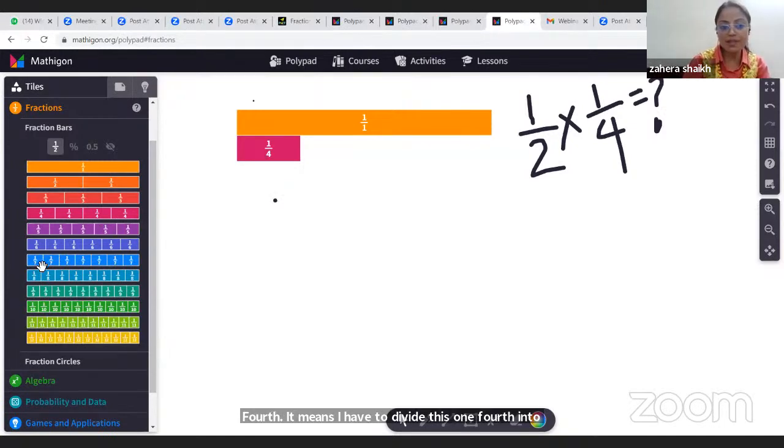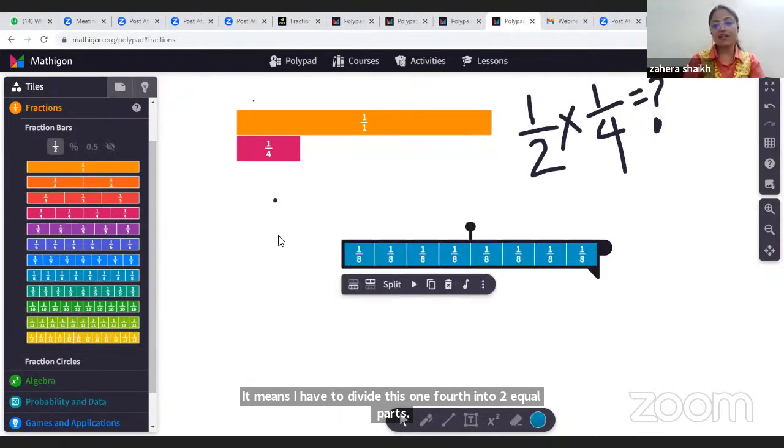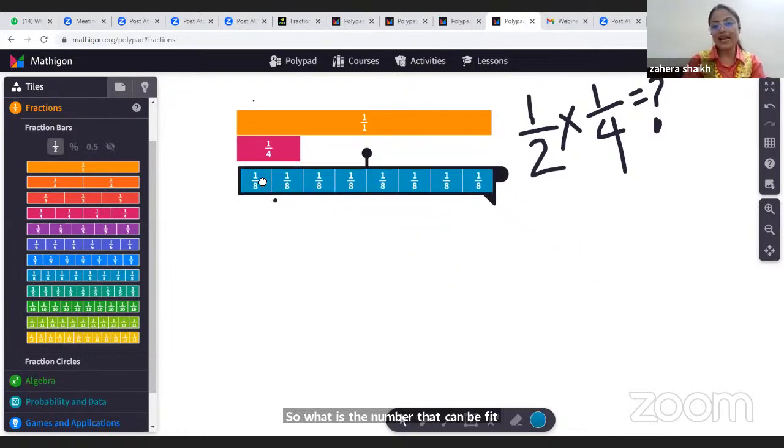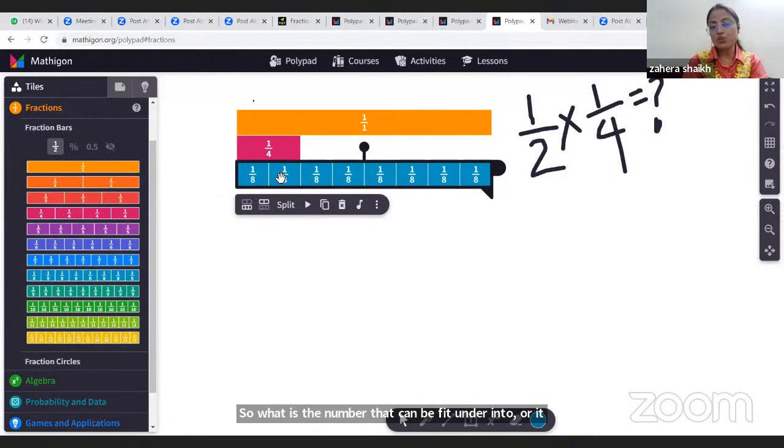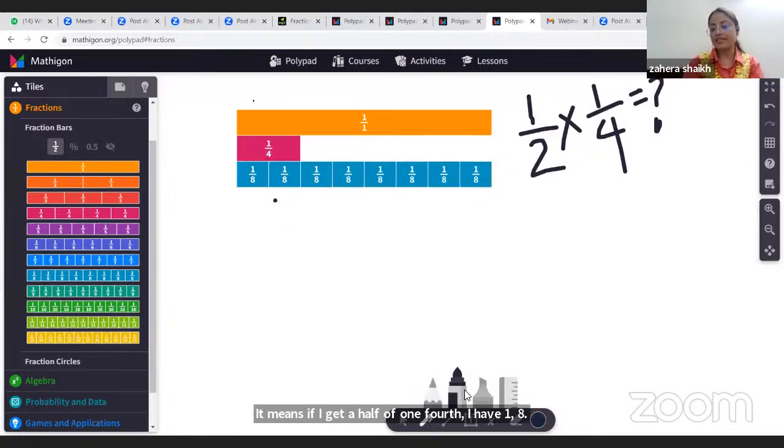So what number can fit, or can divide this 1/4 into two equal parts? I can see that two tiles of 1/8 fill that space of 1/4. It means if I get a half of 1/4, I have 1/8. So my answer would be 1/8, right? This is my answer, 1/8.